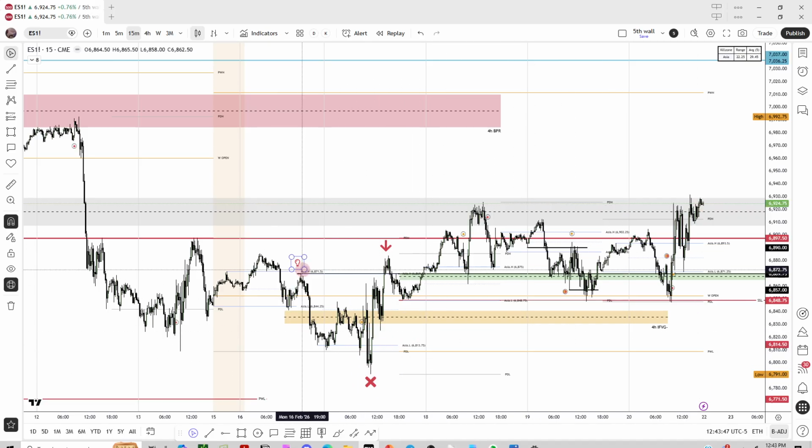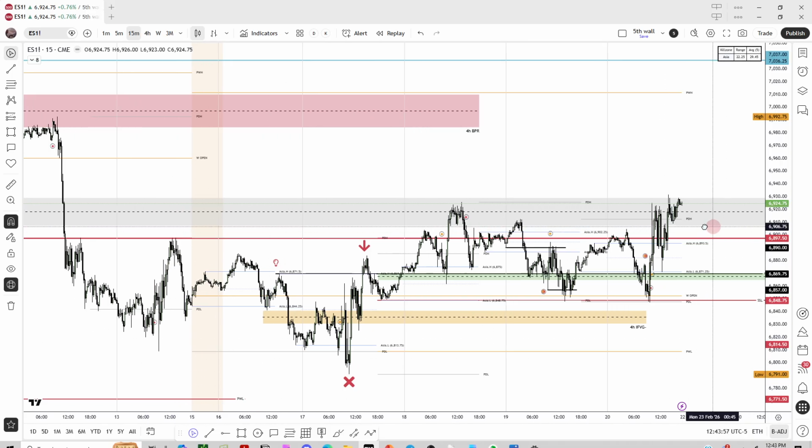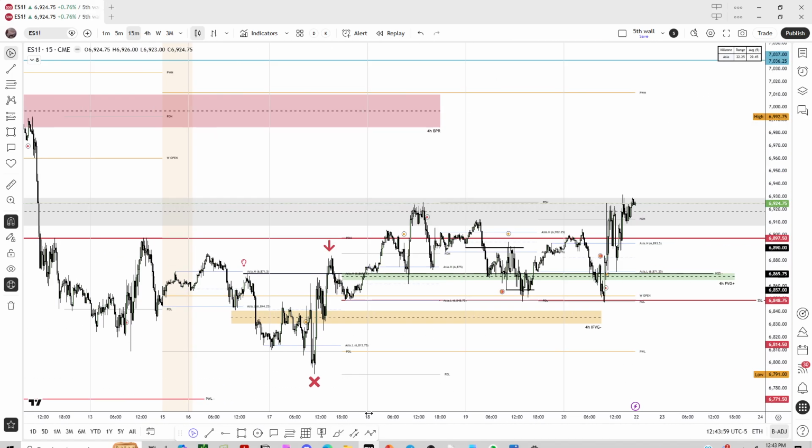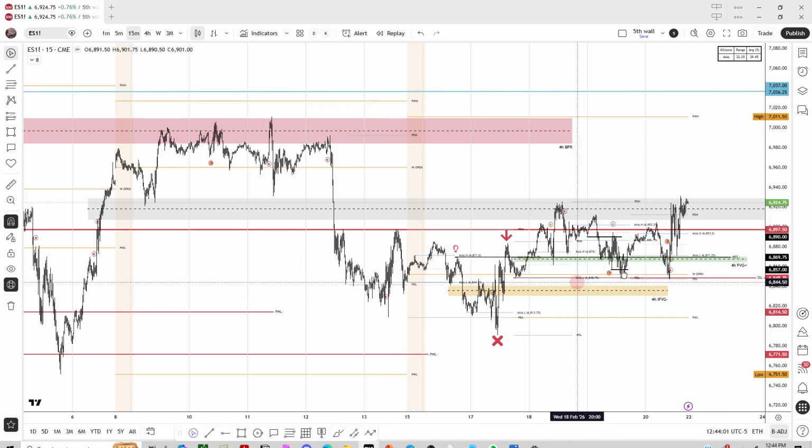We got Purge and Revert model. We have multiple market maker buy and sell models here, just in this one little range. And for the longest time, it was just below equilibrium of that price range that I pointed out earlier.